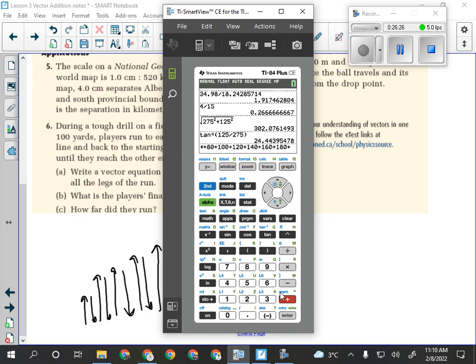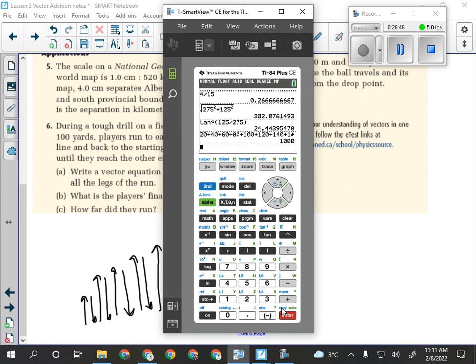Did they end up where they started? They come right back to where they started, right? No, the other end of the field. So plus 100, because they don't come back. So it ends up being a kilometer worth of running, which is pretty far. That doesn't sound like a drill that's much fun.